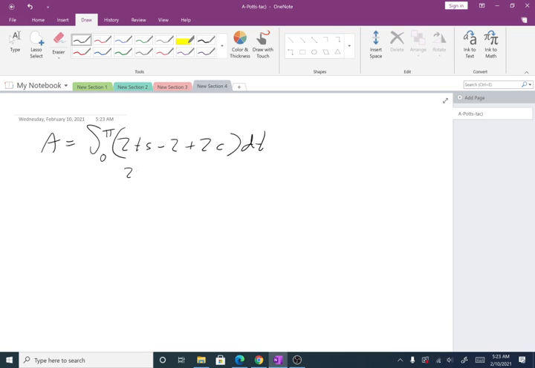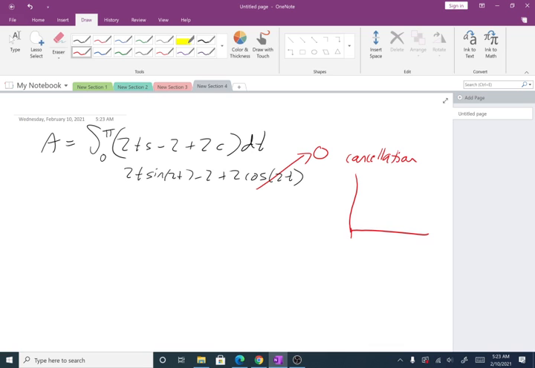And I think it's a good idea to put the arguments back in, because we will see that one term actually disappears. It is this last term because of cancellation. I'm just going to quickly draw cosine, and you'll see what I mean.